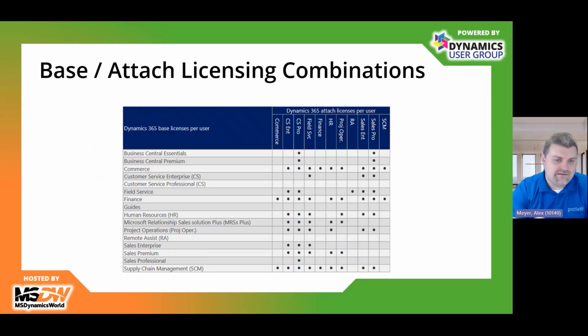And if there's a dot in the matrix, as you work your way across here looking at the different base licenses, if there's a dot in that cell, that means that you can attach that license to that base license.